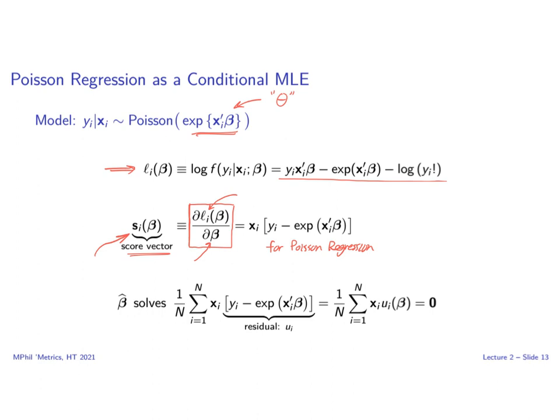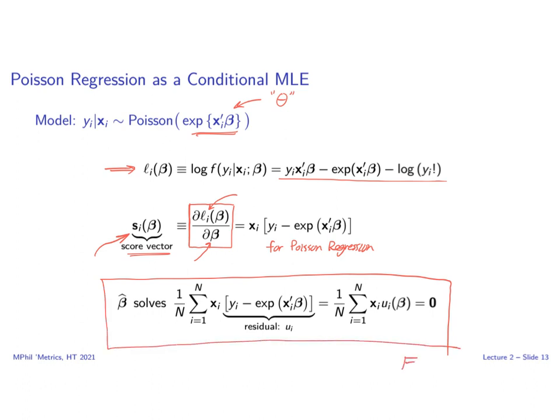It can also be shown, and there are a few more details about this in the notes, that in the case of Poisson regression, the conditional MLE is the solution to the following sample problem, namely, the first order condition is the sum from i equals 1 to n of x times y minus e to the x prime beta.